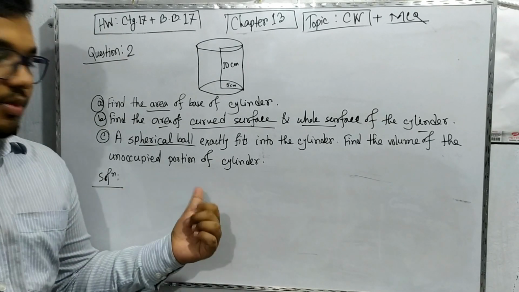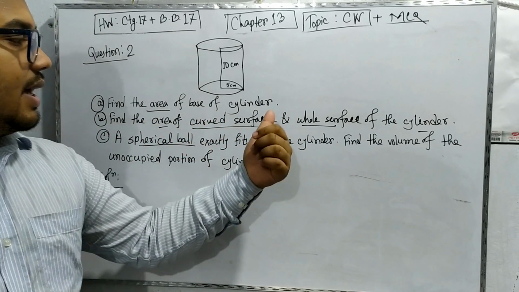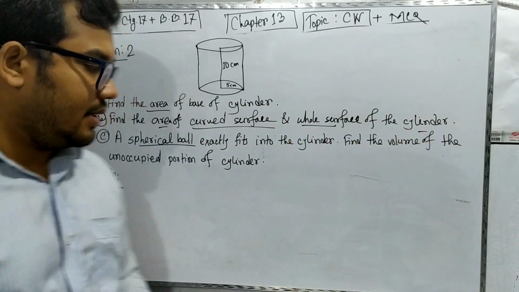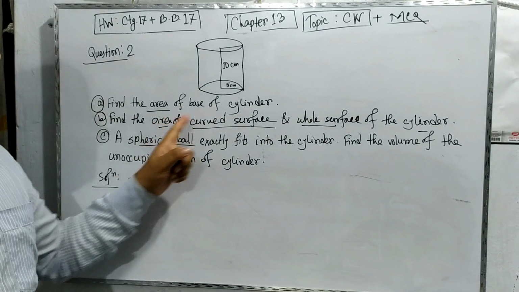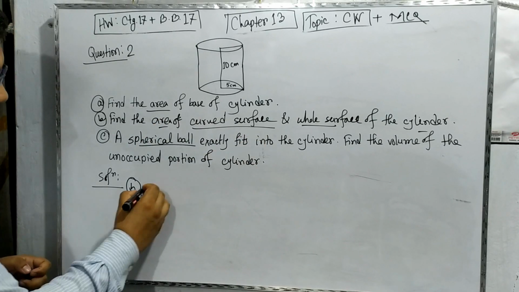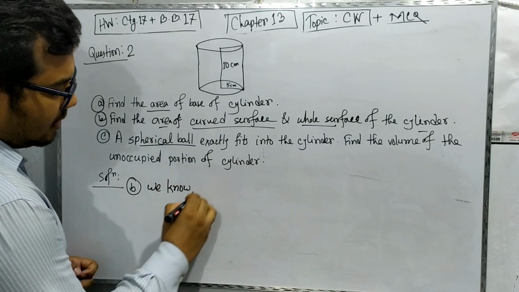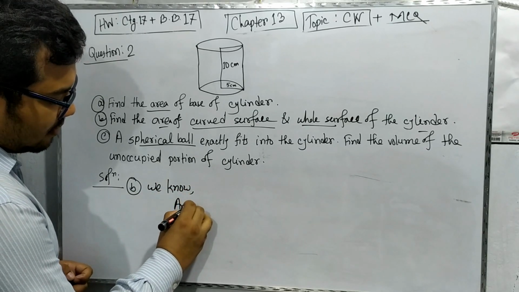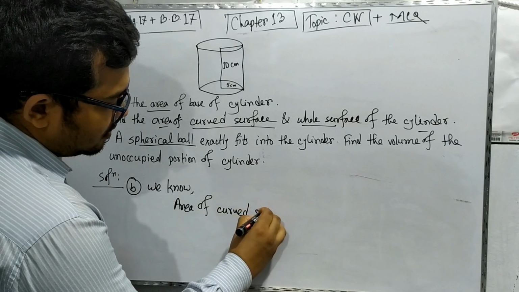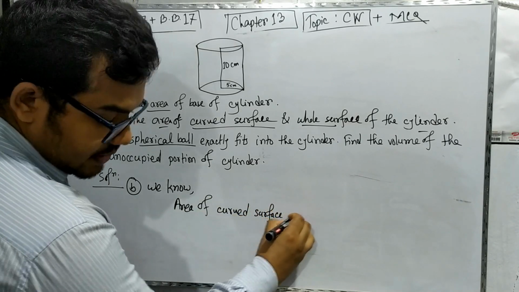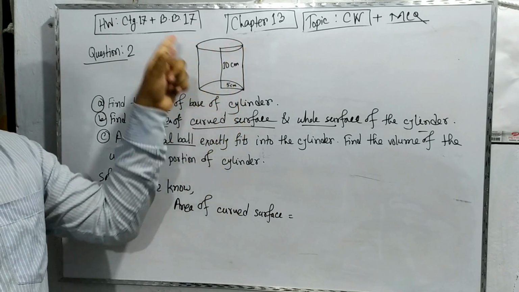So now our question number 2 is to find the area of the curved surface and the whole surface of the cylinder. So we have to find the curved surface first. What is the area of the curved surface?